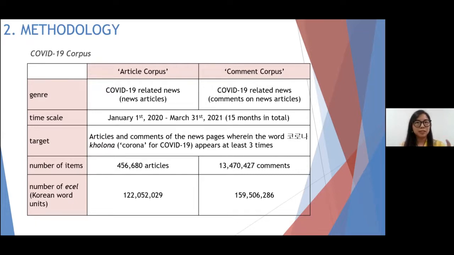The corpus is based on the criterion that the word corona, which stands for COVID in Korean, must appear at least 3 times on the news page. As you can see on the table, even if a comment is much shorter than an article, the scale of the comment corpus is much bigger.